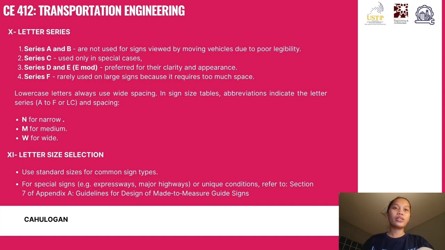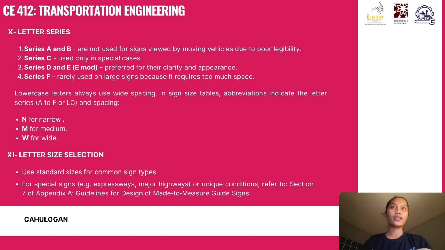For the letter series, we have four. First is series A and B, next is series C, third is series D and E, or E modified, and then series F. Series A and B are not used for signs viewed by moving vehicles due to poor legibility.